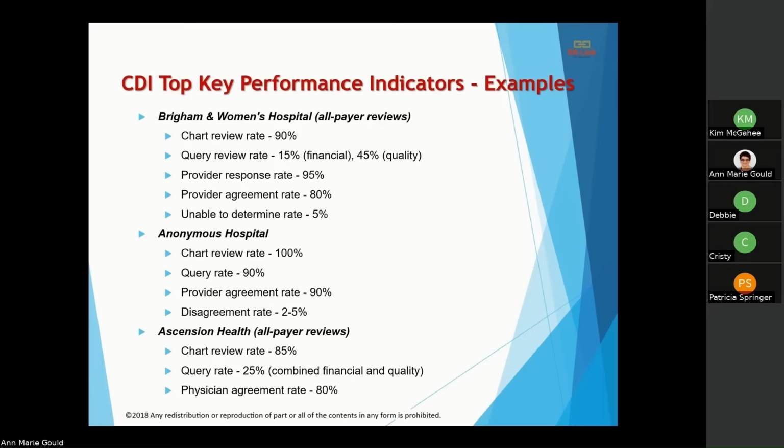So that's why their chart review rate went up above 90%. In 2022, I think, the CDI director said they hit a 96% chart review rate for their facility, which is phenomenal.